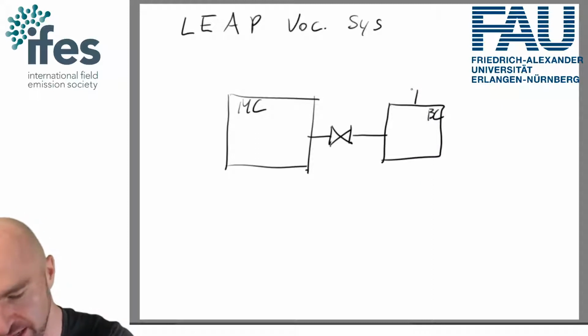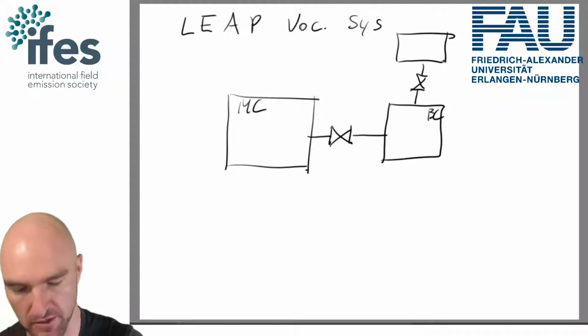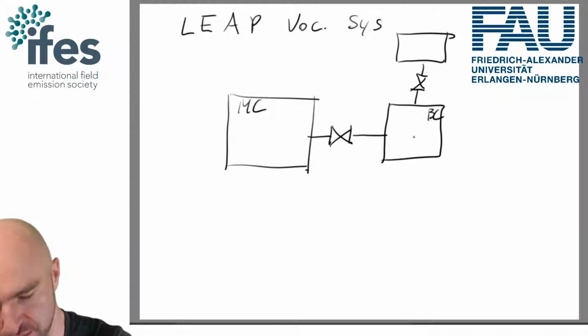And then vertically on top of the buffer chamber, you have the load lock, which is a bit of an unusual configuration, but that's what it's like.